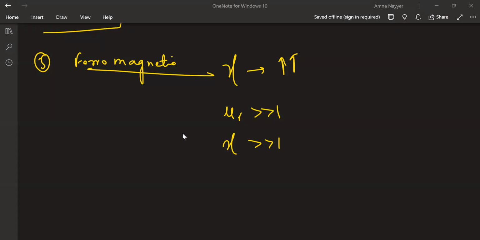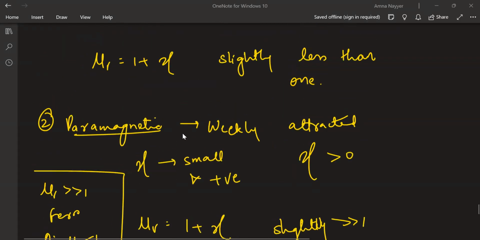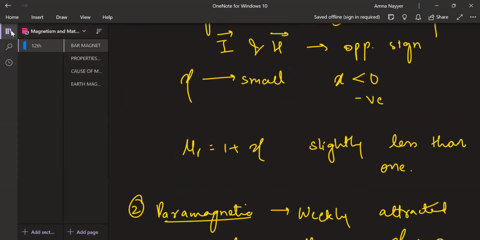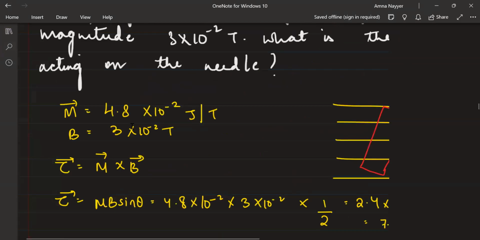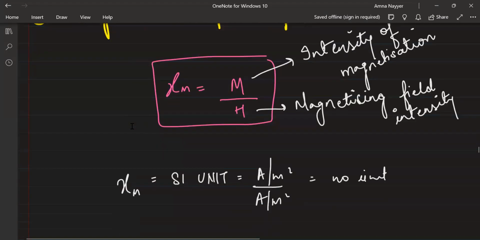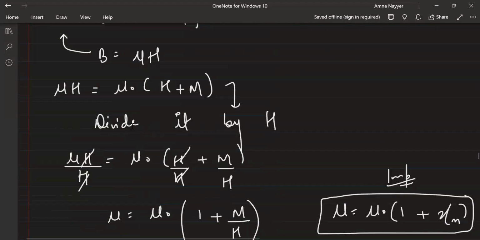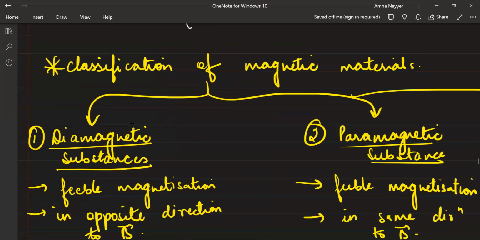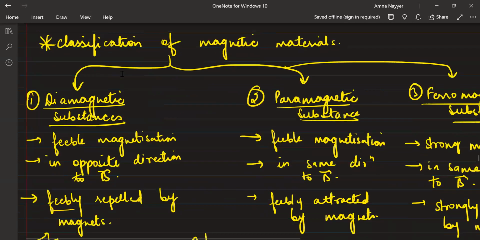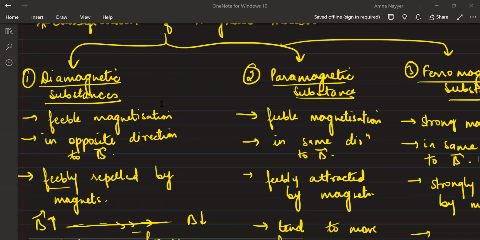So when we are talking about the diamagnetic, let me just explain the same thing that we have discussed. Coming to this classification of materials: what are diamagnetic substances?